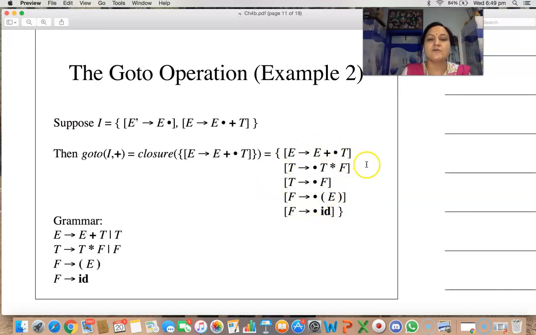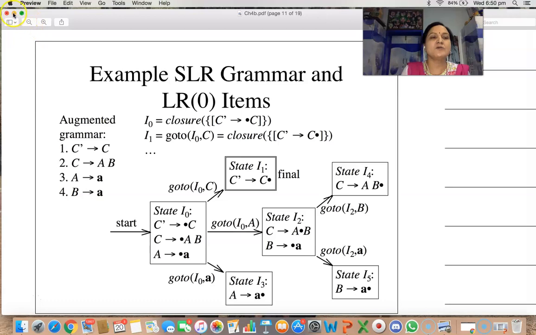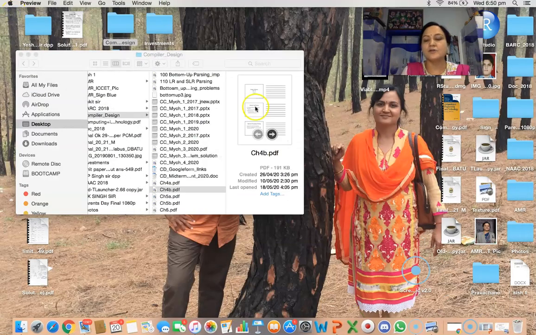This is how we compute goto on I, plus. We have seen how the algorithms for closure and goto work.